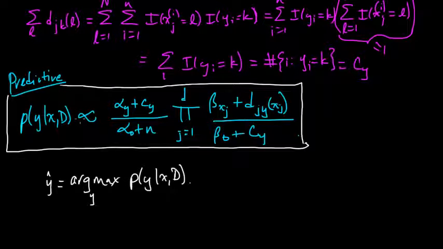Since this is proportional with respect to y, and the proportionality is positive, maximizing it is the same as maximizing this expression, and that gives us the same y hat. So this is it. This is our beautiful, fully Bayesian classifier for naive Bayes.